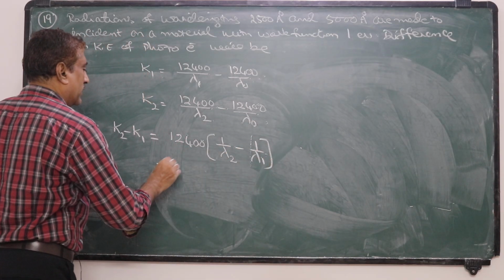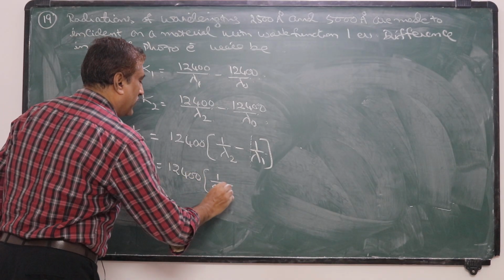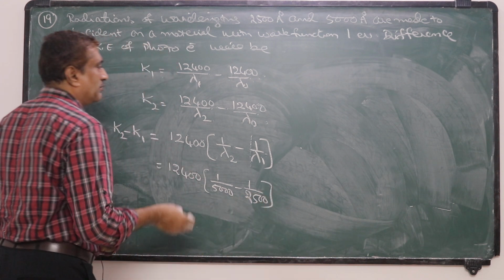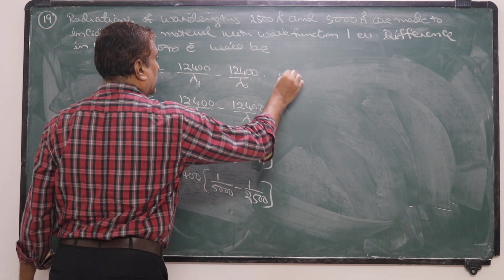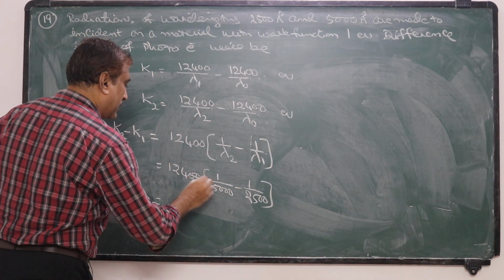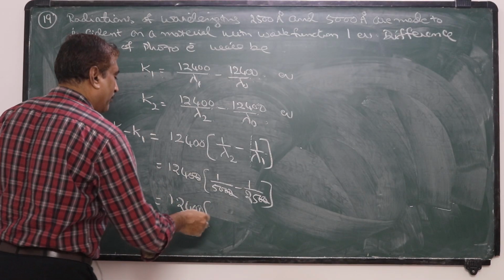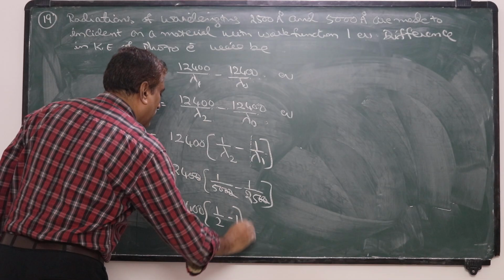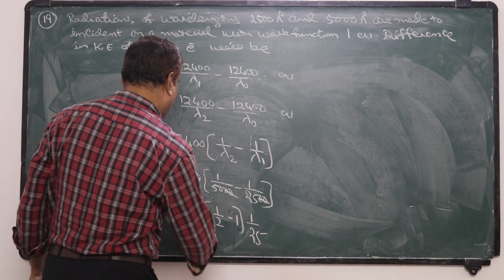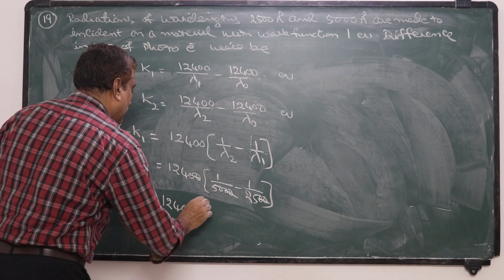This is the change in kinetic energy. That is 12400 into 1 by 5000 minus 1 by 2500. This is electron volt, and this is also electron volt, so we can cancel out these two. So 12400 into 1 by 2 minus 1, into 1 by 2500.